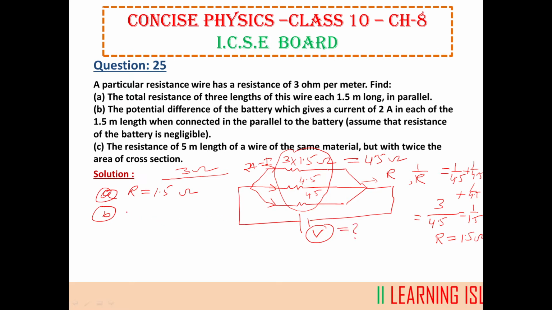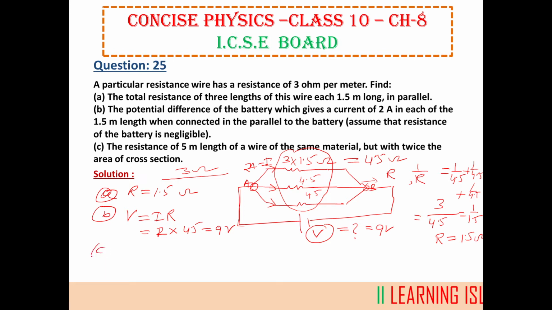By applying Ohm's law, V equal to IR, between point A and point B the potential difference will be V. If the current flowing is I, then the voltage is V equal to I into R. Here we know I is 2 and R is 4.5, so the final answer is 9 volt. So V is equal to 9 volt.